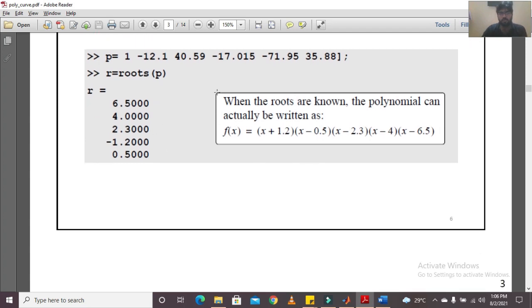Another thing I would like to add here is that when we know the roots, we can write the function in the form of roots as well.